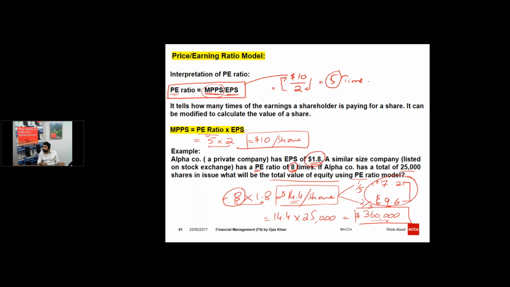Well, I've already explained EPS for listed company and unlisted company. There's no difference between the EPS of a listed company and unlisted company. You have to divide the profit attributable to ordinary shareholders by the total number of ordinary shares. So it's the same for both.